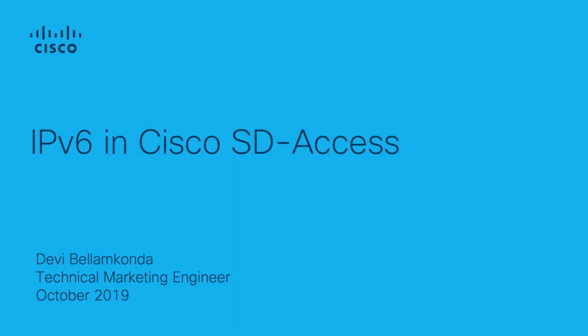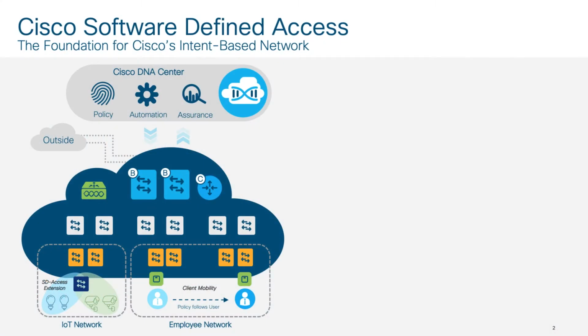Today in this video, we're going to see a demo of how to configure IPv6 for clients in SD-Access. Before we go, let's quickly see what SD-Access is. SD-Access, software-defined access, is the industry's first intent-based networking solution for enterprise networks.